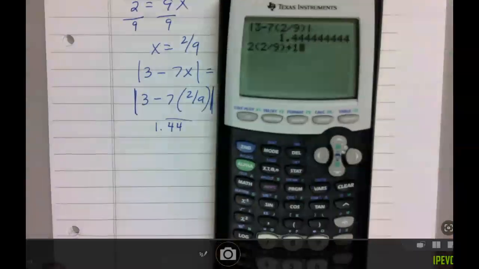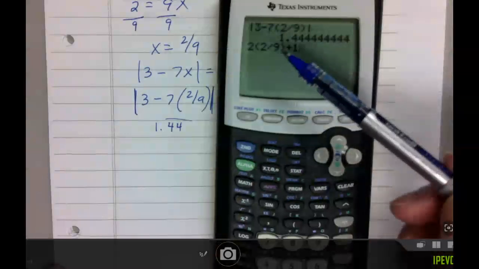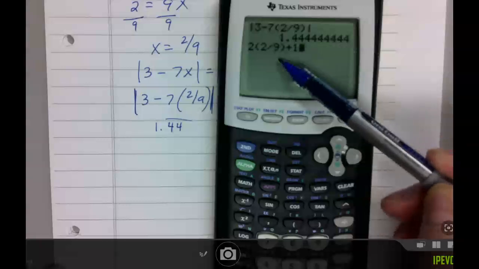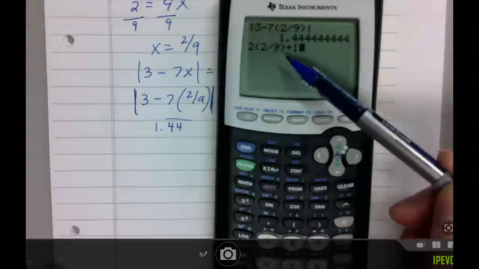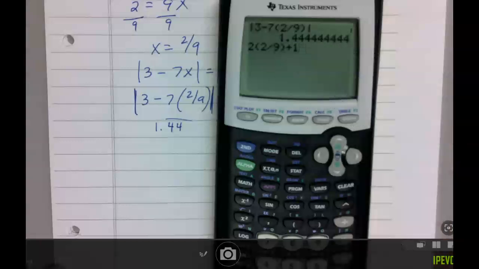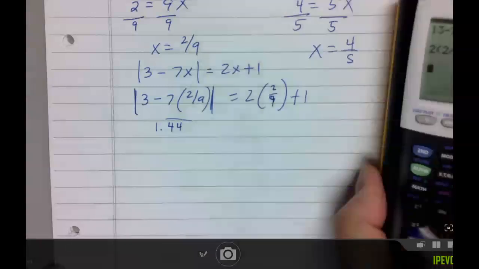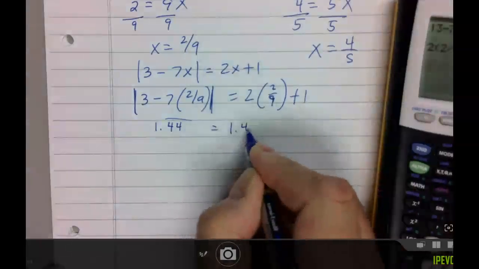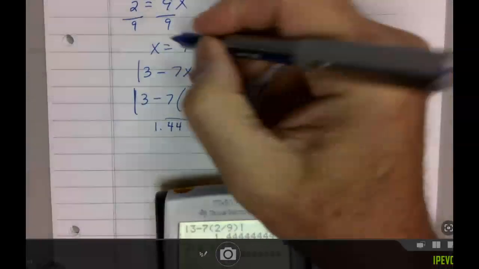Everybody see what I'm doing there? Whenever you have, everybody look up here real quick. Whenever you have a division symbol, you have to put parentheses around that thing. Does that make sense? You have to. Because it creates the order of operations that you want to do. And I hit enter. Do I get the same thing? Yes. So that one checks. So that one there is a solution.